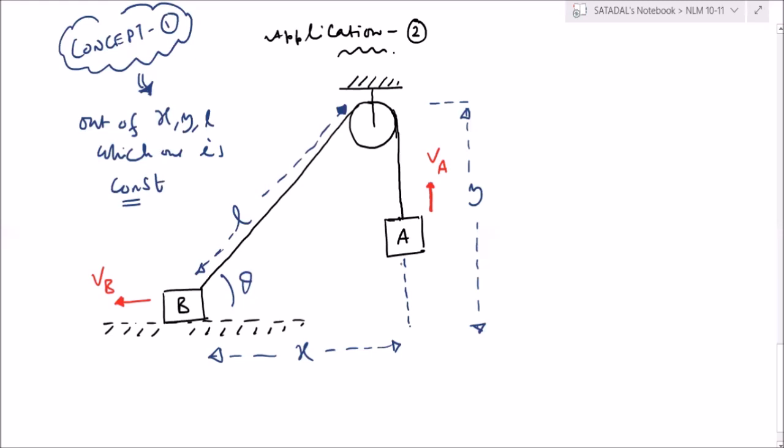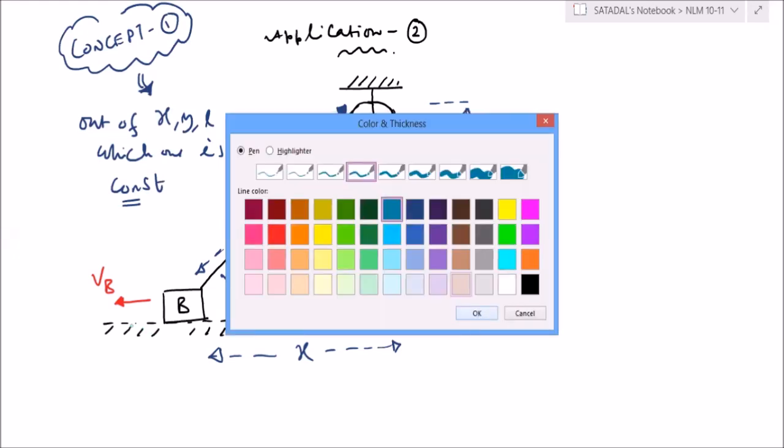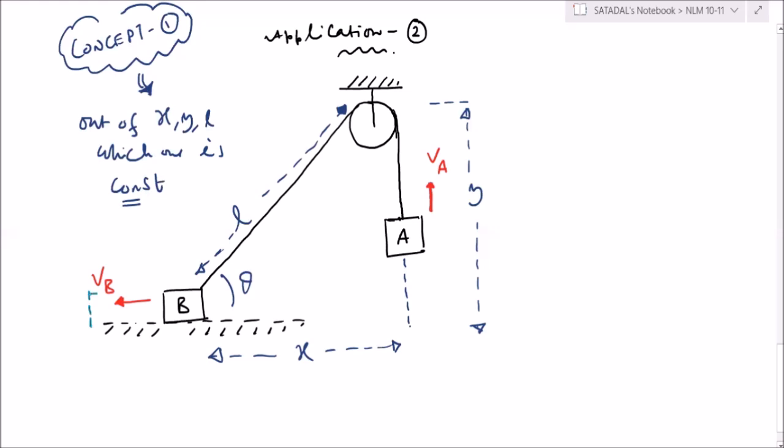No, Likhita, L is not constant here. Just see the diagram. I will just show you. Suppose when the system is moving, suppose B comes here. So then this will become the length, that is L prime. L prime is greater than L. This separation will also increase.